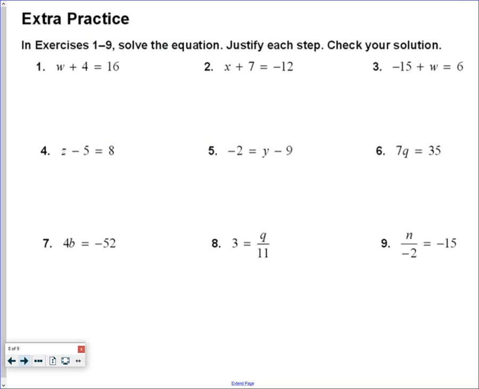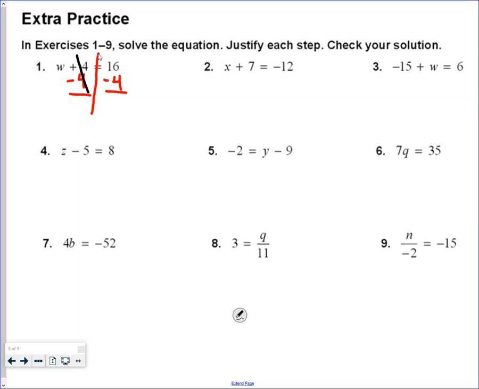Okay, so let's do some of these equations. Ready? So we're just going to go in order 1 through 9. First thing I'm always going to do, and this is where those addition properties, subtraction properties come into play, I draw the line, and then how do I get W by itself? Well, I do the opposite of plus 4, which is minus 4. And I rewrite, that cancels.